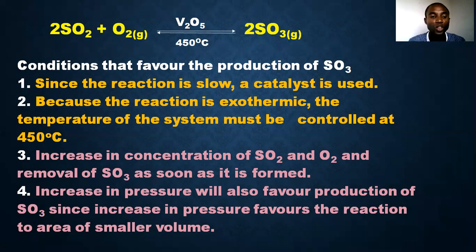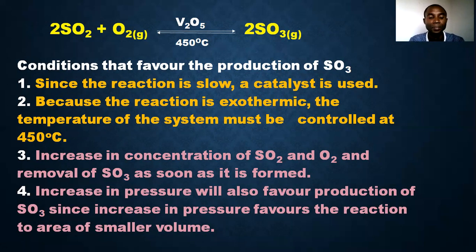Number three is that an increase in the concentration of sulfur 4 oxide and oxygen, and removal of sulfur 6 oxide as soon as it is formed, enables the sulfur 6 oxide to be produced as fast as possible.